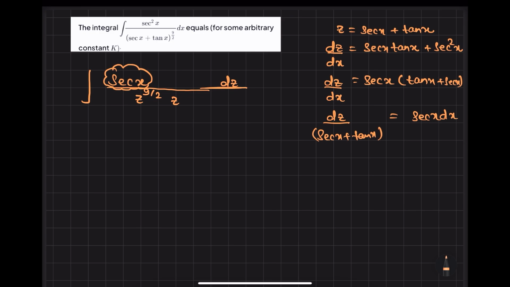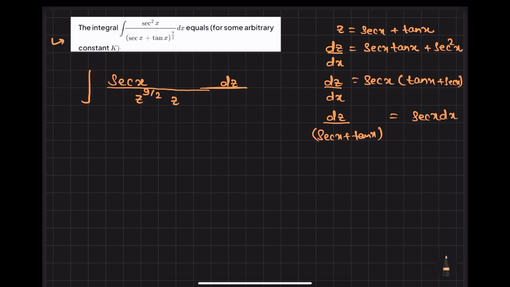Try to understand, we have to manage this situation and recreate the value of sec x. So you can expect this question in four forms: sec x minus tan x, sec x plus tan x, cosec plus cot x, cosec minus cot x.